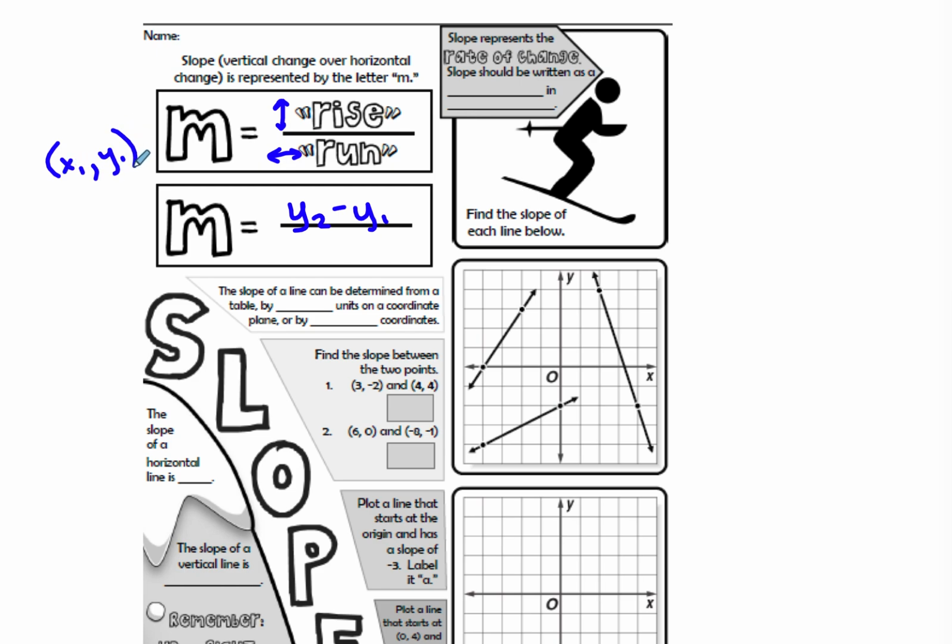Here's my first one, here's my second one. The little 2's and 1's just represent if it's the first ordered pair or the second one. And then same thing here, second x value minus the first x value. And then you write it as a fraction or a ratio. And just like with other fractions and ratios, you need to make sure that your answer is in simplest form.